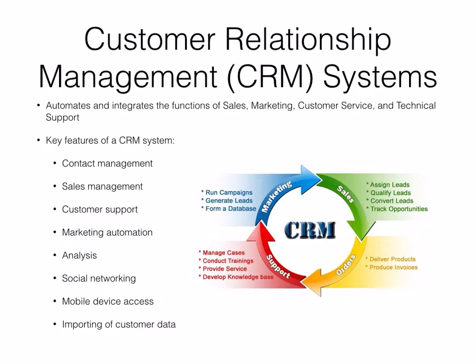If you're a salesperson out in the field, you want a mobile app that allows you to input information about your customers and contacts, and then allows you to import customer data from other places, so you have it all in one place. So this CRM graphic gives you the big four, right? Marketing, sales, orders, and support. Those are the big four in terms of functionality with respect to CRM systems and the functions they provide. You can see that there as well.